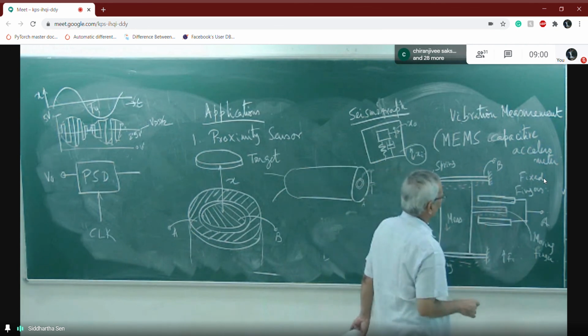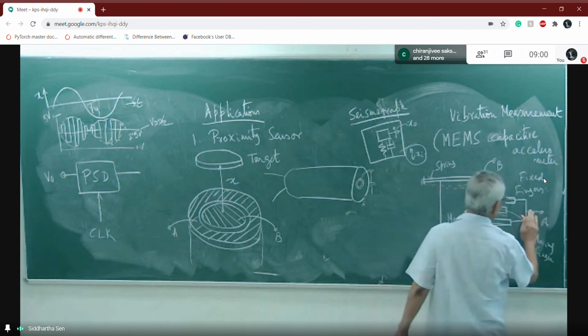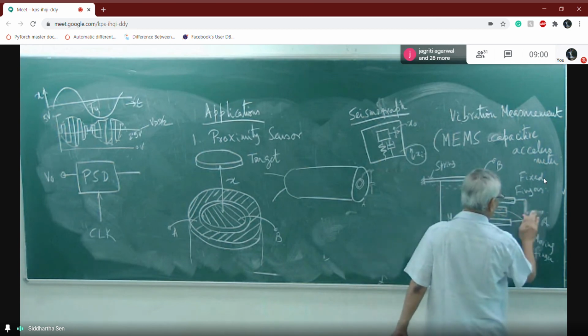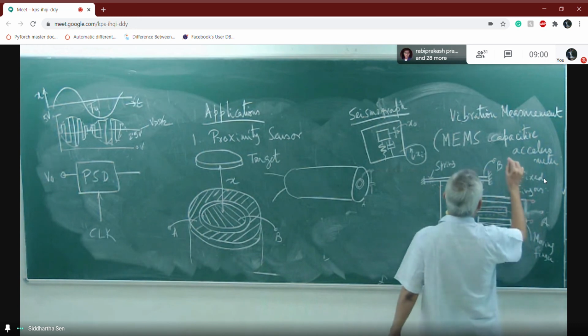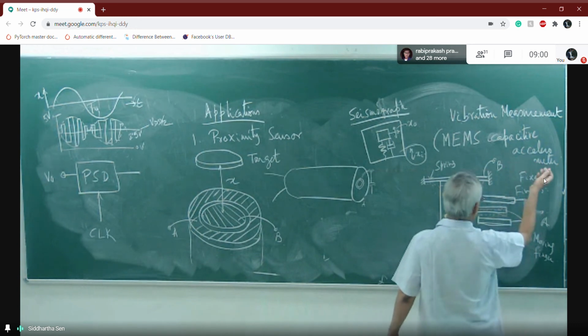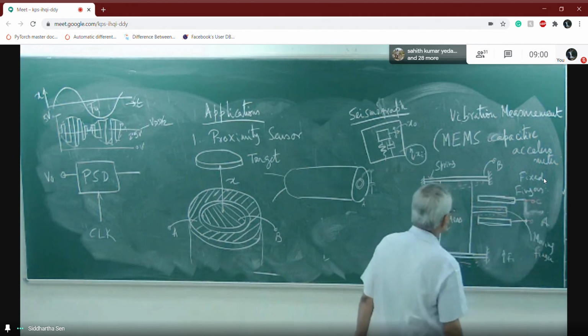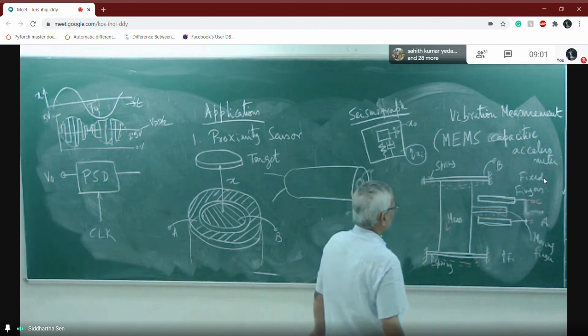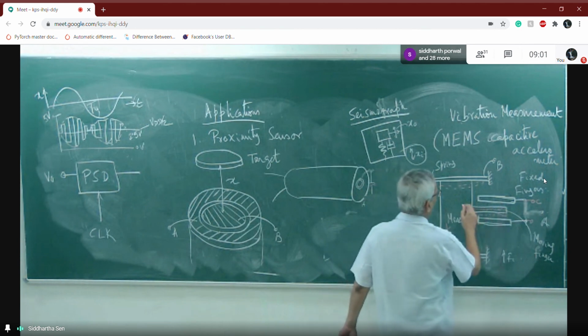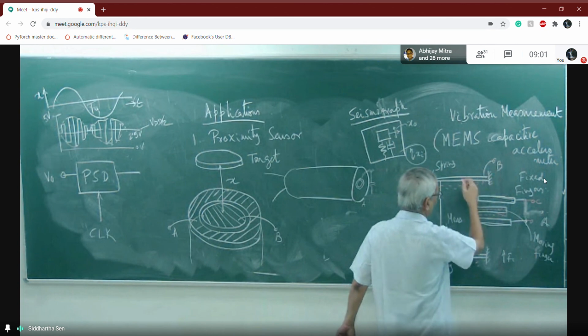Regarding the capacitance, I will not show it this way; I just put this terminal here as A, B, and this one I call C. The moving finger is connected, and basically they are all conducting surfaces.